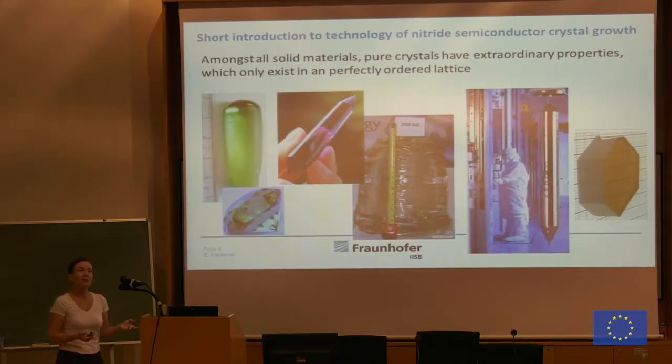You can have other solid matter, which can be ordered or disordered. You can have a ceramic, you can have a metal, you can have polycrystalline material, and so on. You can have glasses. But they all do not have the same outstanding properties that a pure crystal has.